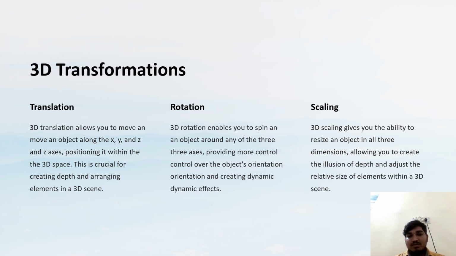And let us discuss rotation. 3D rotation enables you to spin an object around any of the three axes, providing more control over the object's orientation and creating dynamic effects. And coming to the scaling, 3D scaling gives you the ability to resize an object in all three dimensions, allowing you to recreate the illusion of depth and adjust the relative size of elements within the 3D scenes.